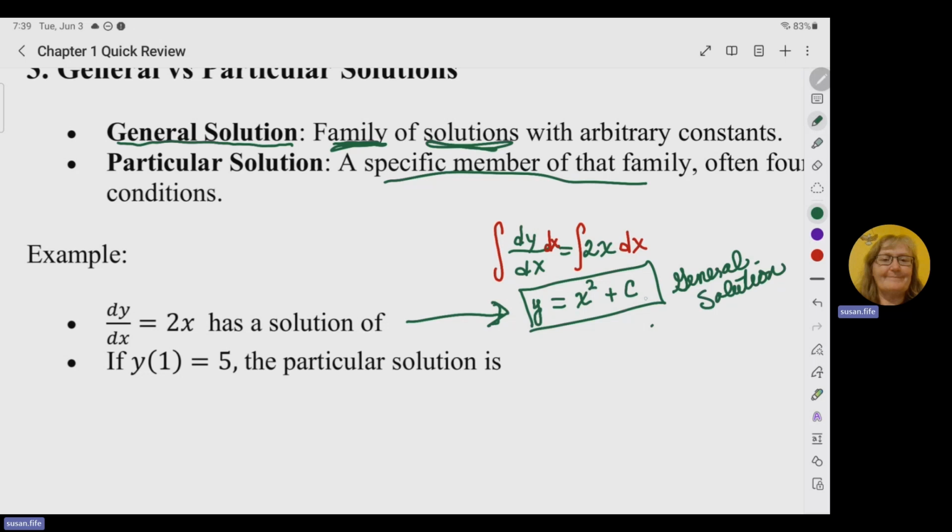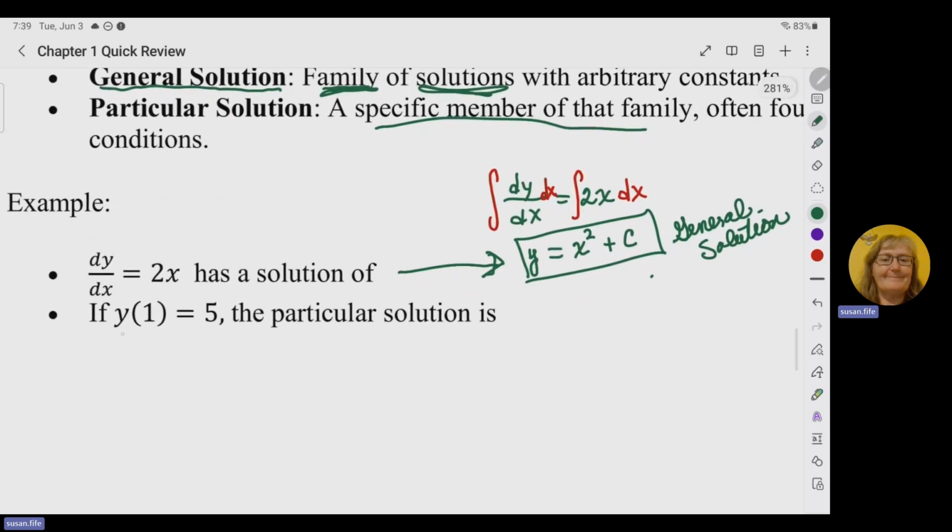C is any constant. Now, if I'm given this condition that y of 1 is equal to 5, I'm able to solve for c. So if y of 1 equals 5, that tells me that when x is equal to 1, y is equal to 5.